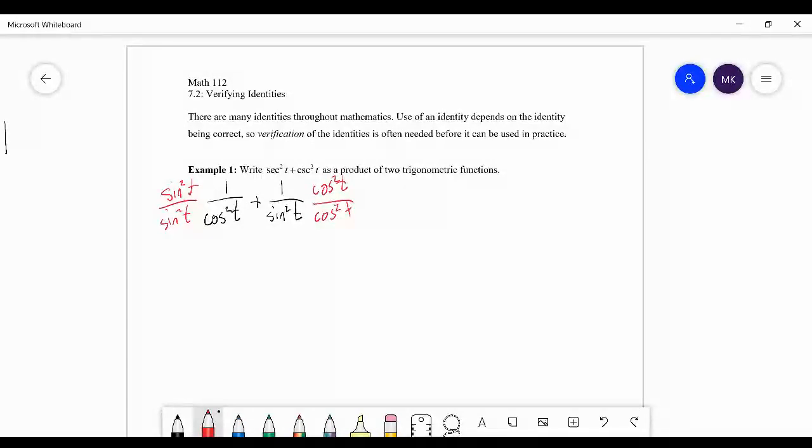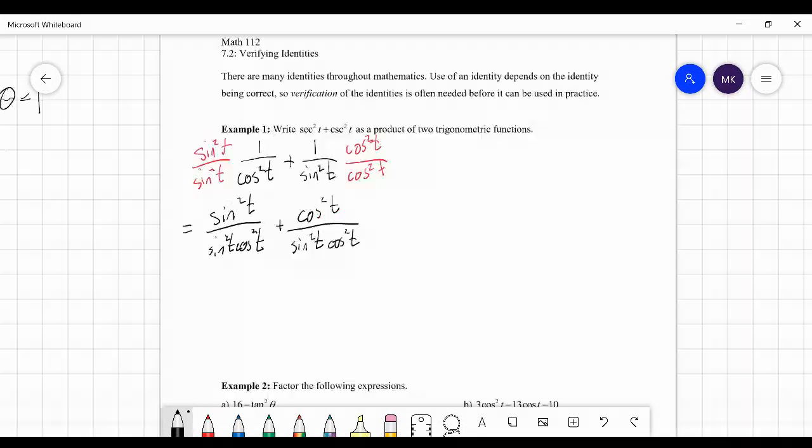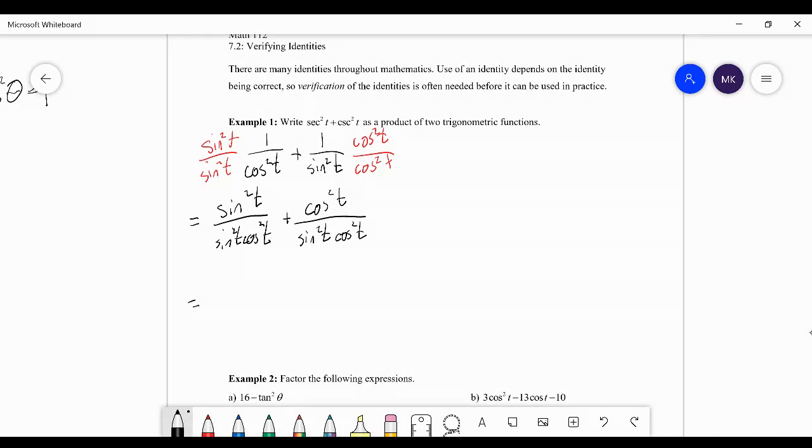And now when we do that, we end up with sine squared t over sine squared t cosine squared t plus cosine squared t over sine squared t cosine squared t. And now we have a common denominator, and now we can add these fractions.